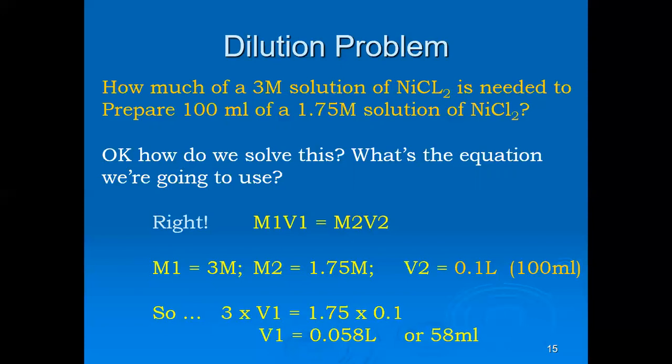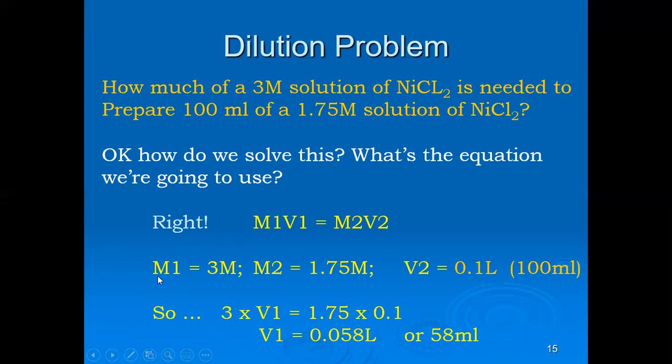Or in other words, if a bottle of nickel chloride is present in your school lab, and the molarity of that solution is 3 molar, then how much volume from that bottle would you take to form 100 ml of 1.75 molar solution?